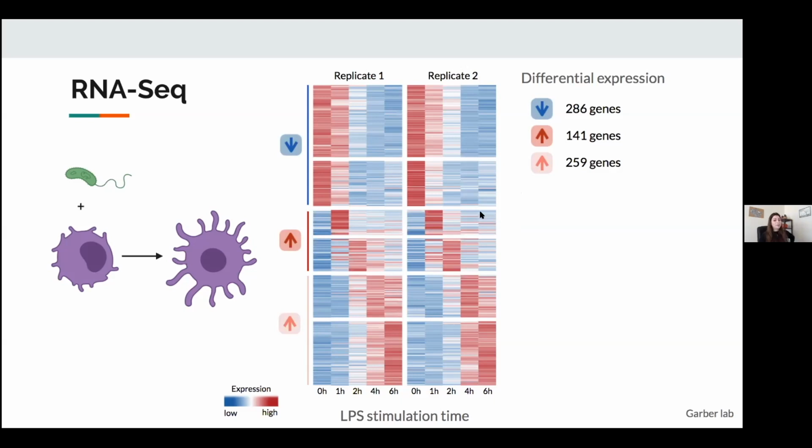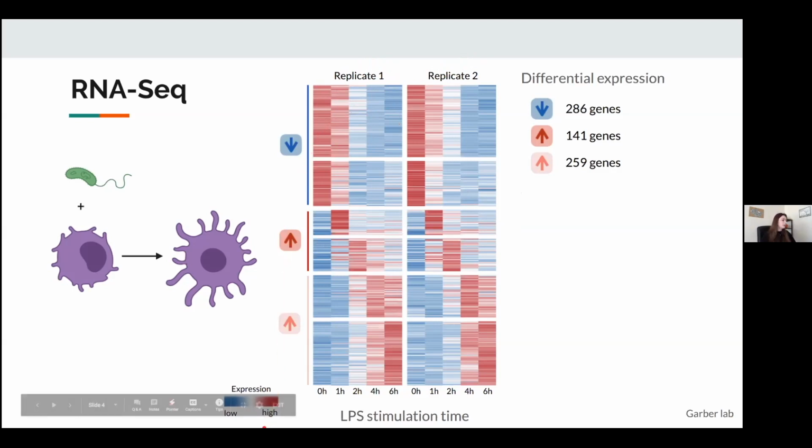And the heat map, if you're not familiar, is a way that we use to display the information of expression for a large number of genes in multiple conditions and replicates. And here I'm showing you the expression of the genes in dendritic cells from 2 human donors in multiple time points before or after stimulation of these cells with LPS.